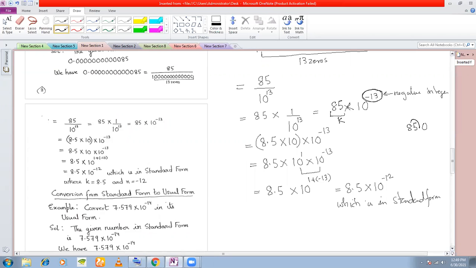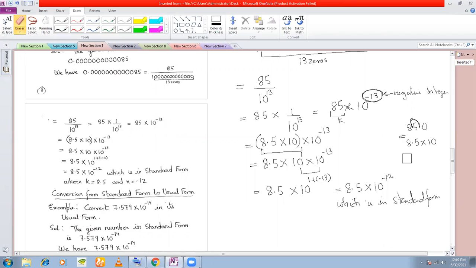If I shift this decimal here, this will become 8.5, isn't it? But when can I shift this decimal here? When I multiply this by 10, isn't it? That is what I have done here. Is it clear now? Yes, sir. Understood.